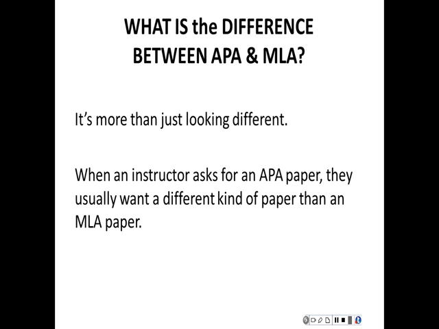After some studying, though, I found out that this was not at all the case. It's much more than just looking different. When an instructor asks for an APA paper, they usually want a different kind of paper than an MLA paper. So that's what I'm about to tell you, what kind of paper they're looking for.